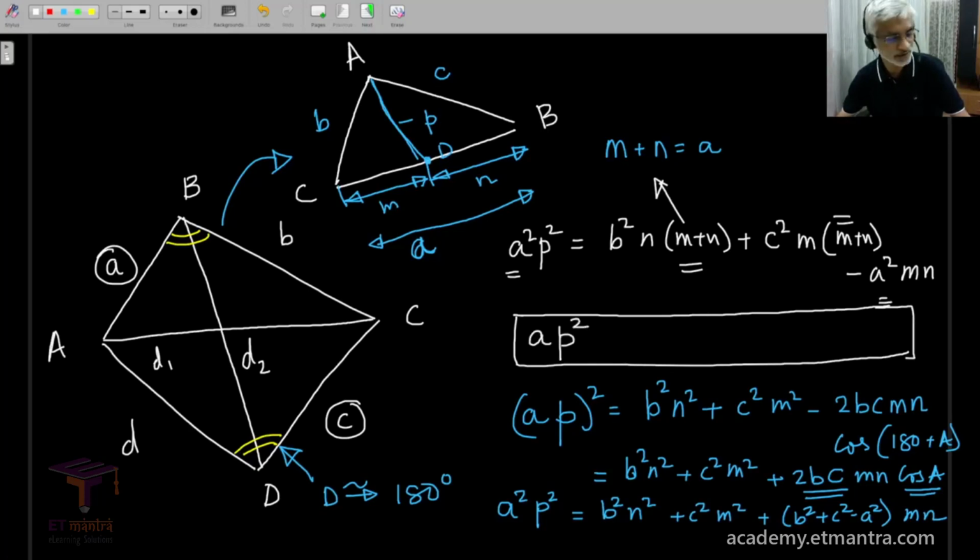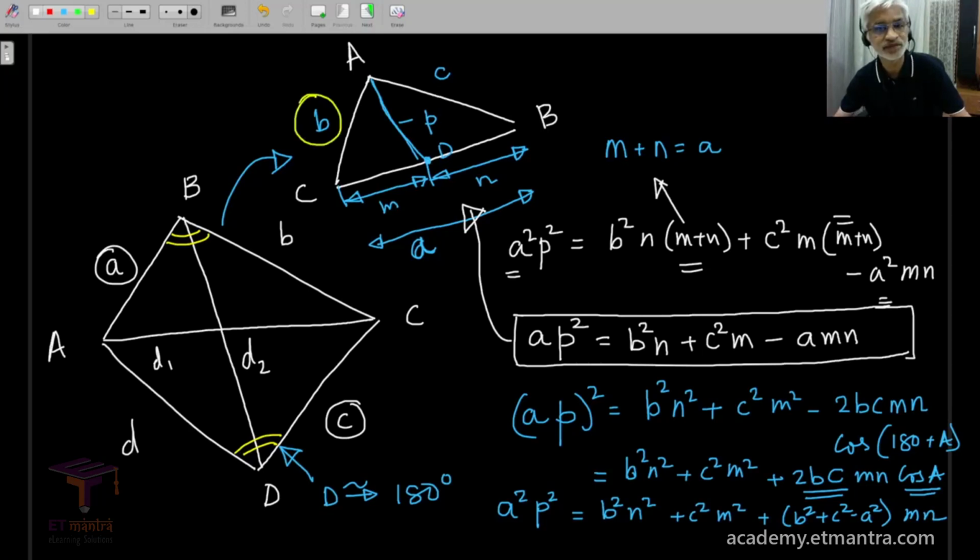So A P square is equal to B square n plus C square m minus A m n, and please do relate it to this triangle, and you'll see that there is a nice amount of symmetry here. So what is the symmetry?